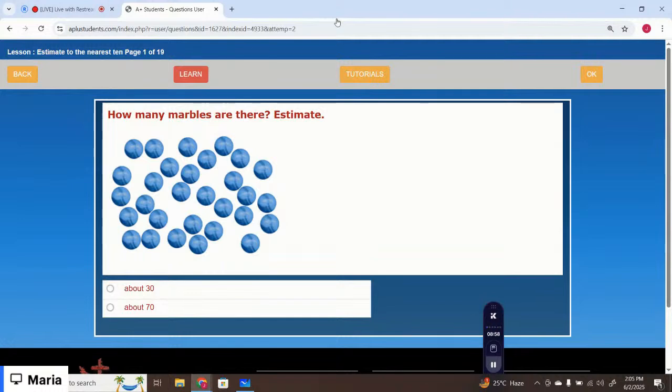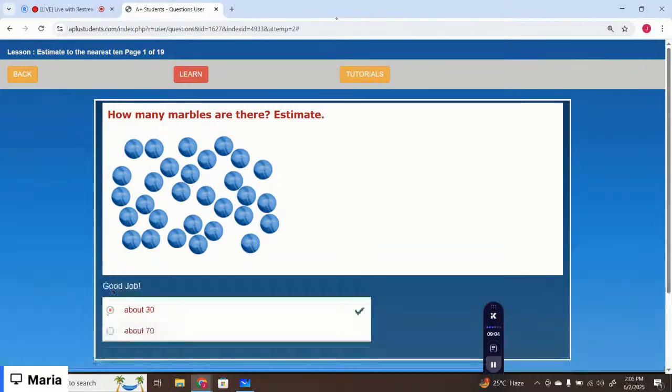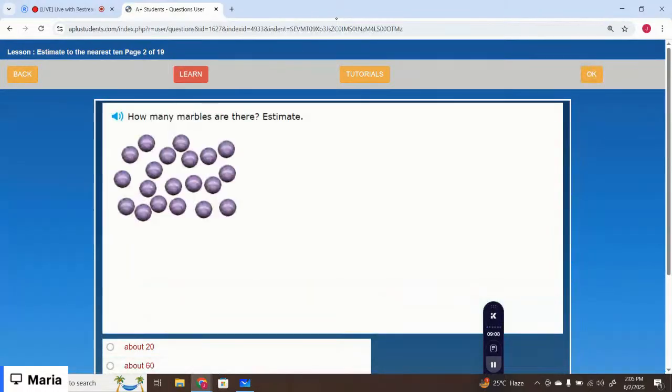They are about 30, right? So option number one is the correct option. They don't look about 70, they look about 30.